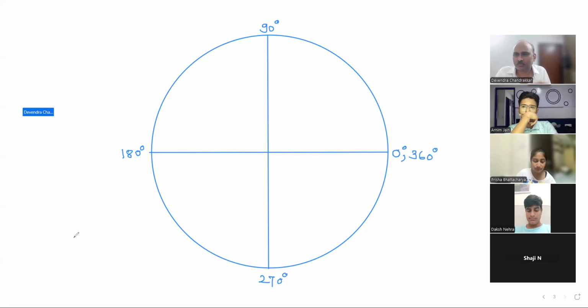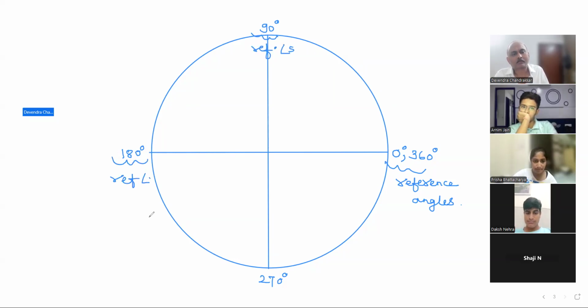So, just to have a demarcation between other angles and these angles, let's call these angles reference angles for the quadrants. All these angles, 90 degrees, 180 degrees, are reference angles. First quadrant is between 0 and 90 degrees.